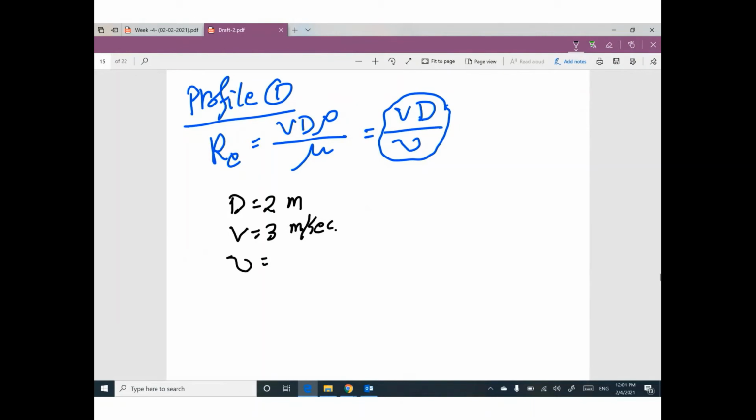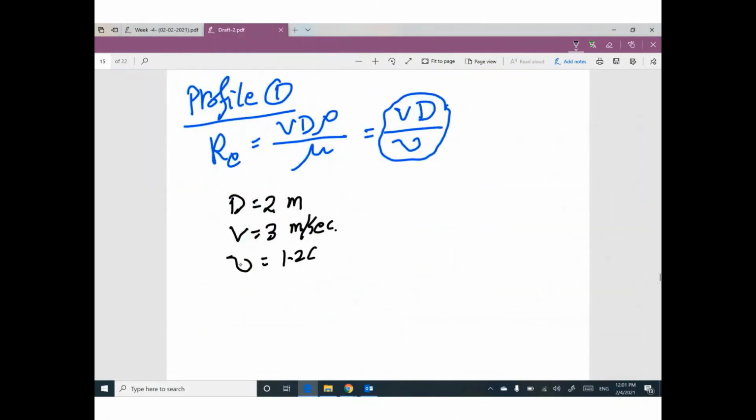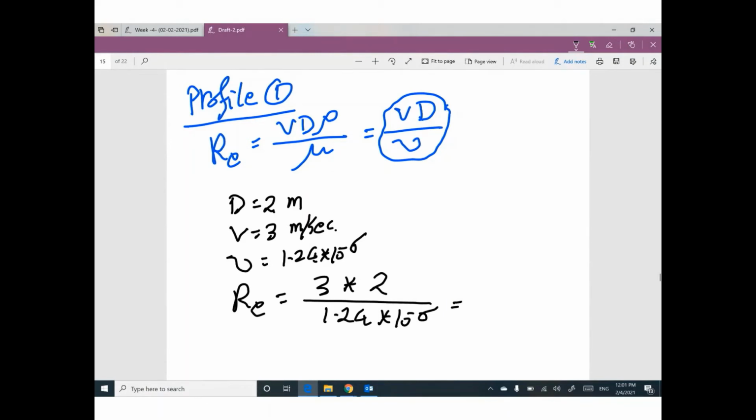Nu is given right now, how much? 1.24 times 10 to the power negative 6. Can you tell me the value of the Reynolds number? Yes, I can. Velocity 3, diameter 2, 1.24 times 10 to the power negative 6. Piece of cake, 6 divided by 1.24 times 10 to the power negative 6.